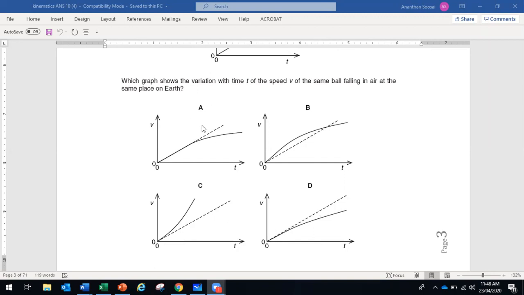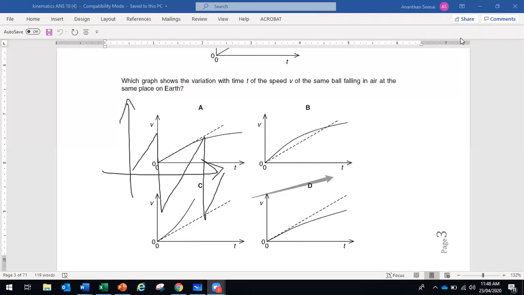Why can't it be A? Because air resistance doesn't start later; it acts from the beginning.